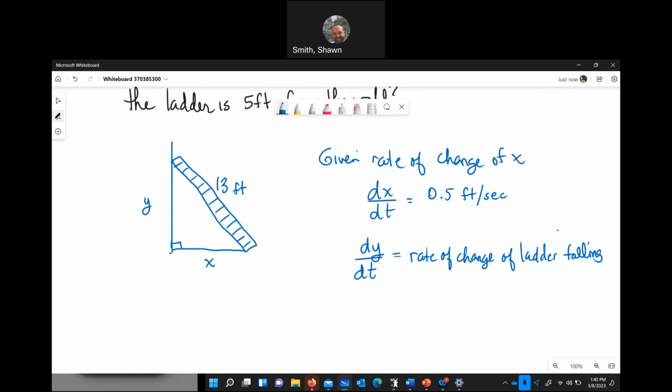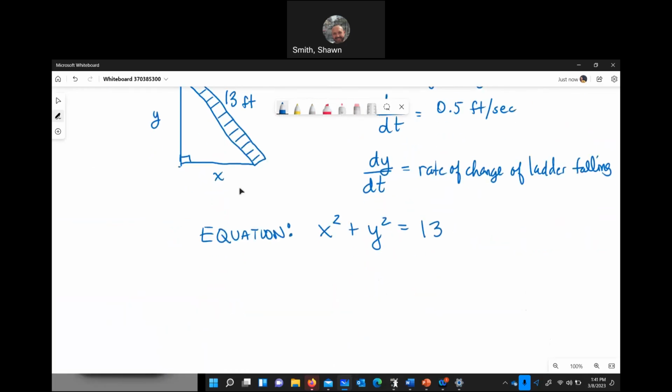So there is an equation that relates all three sides: x squared plus y squared equals 13 squared. Now we have the equation relating all the variables, and I differentiate.